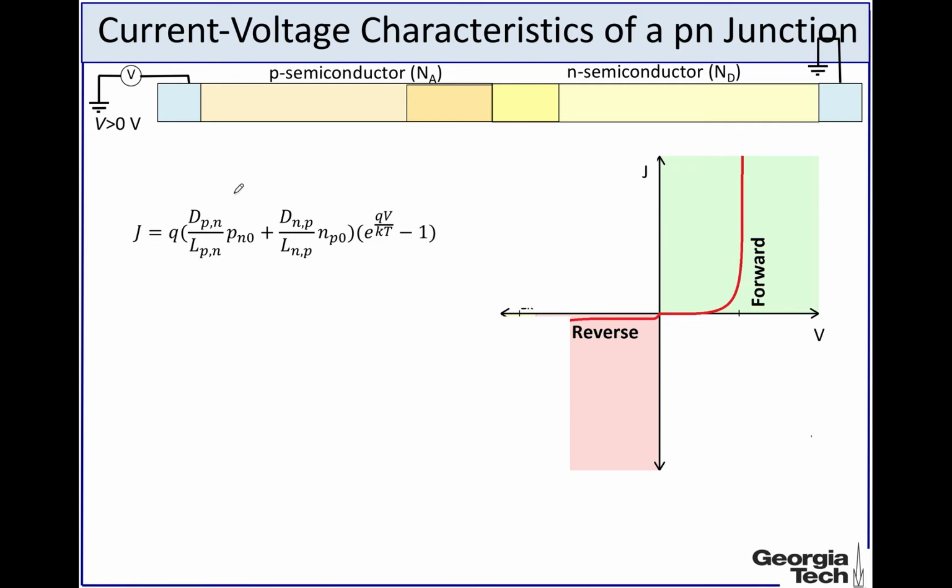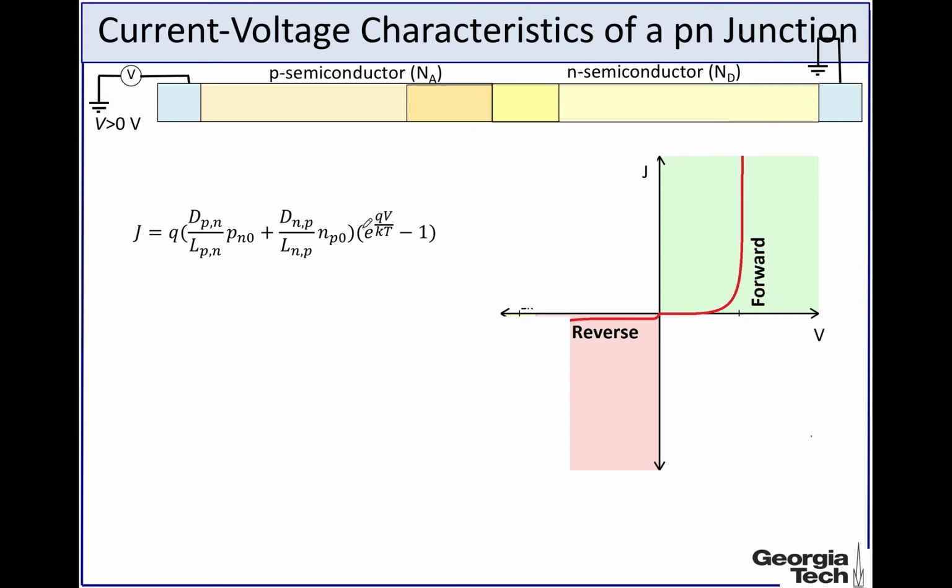Here note that Dpn is the diffusion coefficient of the holes in the N side. Lpn is the diffusion length of holes in the N side, and similarly Dnp is the diffusion coefficient of electrons in the P side, and Lnp is the diffusion length of the electrons in the P side.